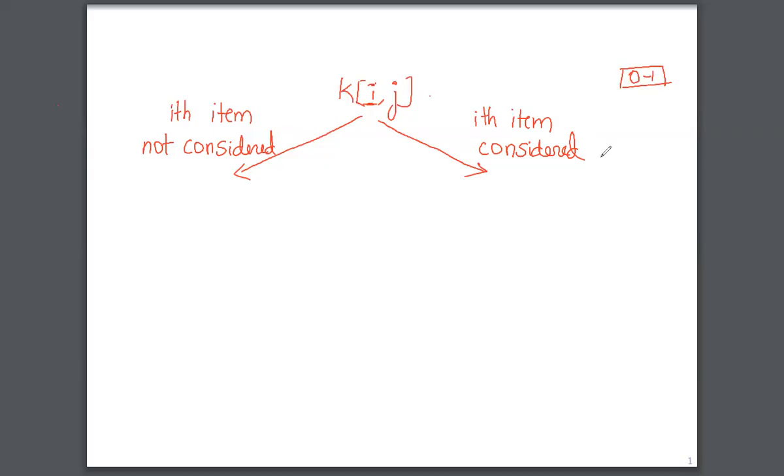How should we go about next? If the ith item is not considered, that means you will not add the ith item to the knapsack. Okay? That's okay. So i minus 1. It will be i minus 1 because the ith item anyway you're not considering, but you still have the exact same knapsack, right? So it is this.